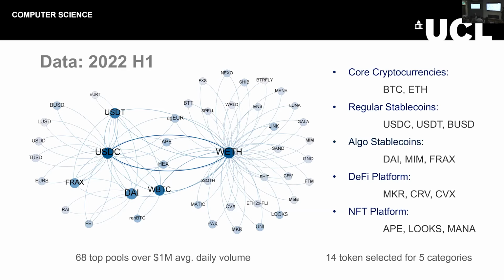I call them the regular stablecoins. Another type is the algo stablecoins, such as the DAI stablecoin, Magic Internet Money, and Frax. Their mechanisms may be different, especially regarding demand and price, as there is some algorithm that will force the price back to the average line.